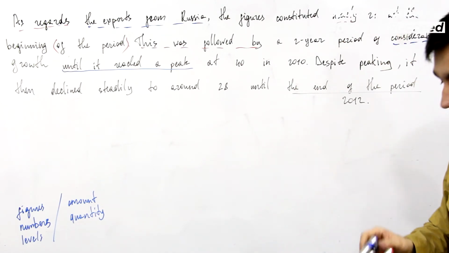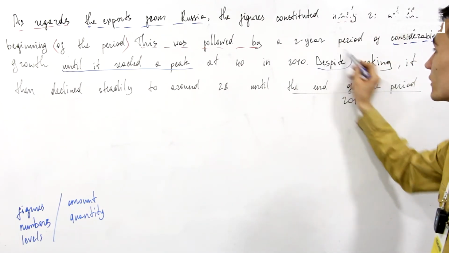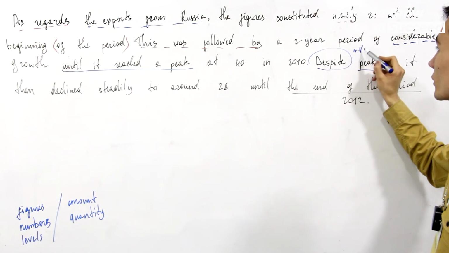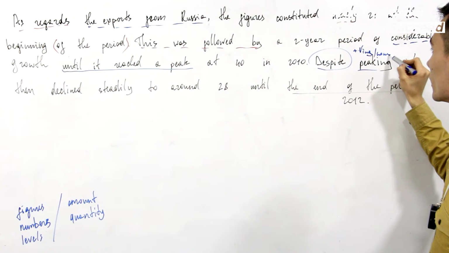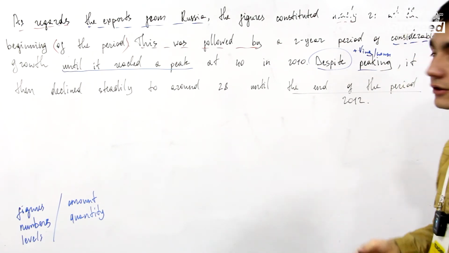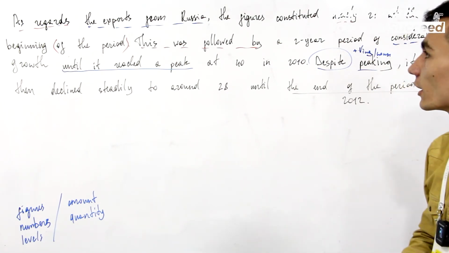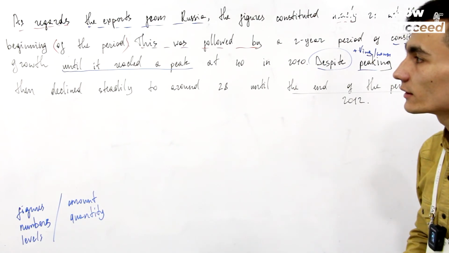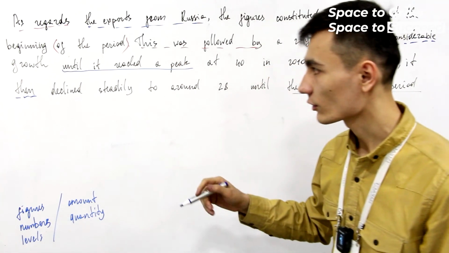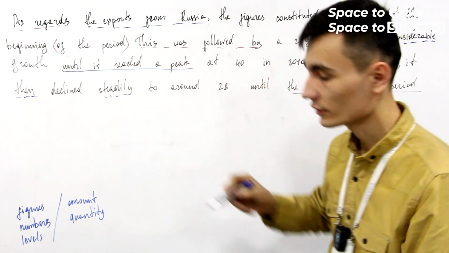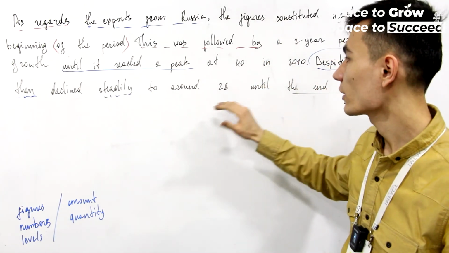As you see, I use a different structure here: "despite." After despite, as you know, we use -ing or a noun form. So I said "despite peaking," because I wanted to use contrast, and then it declined. "Then" means after. "Declined steadily": as I said, you have to show the level of change, to around 28.